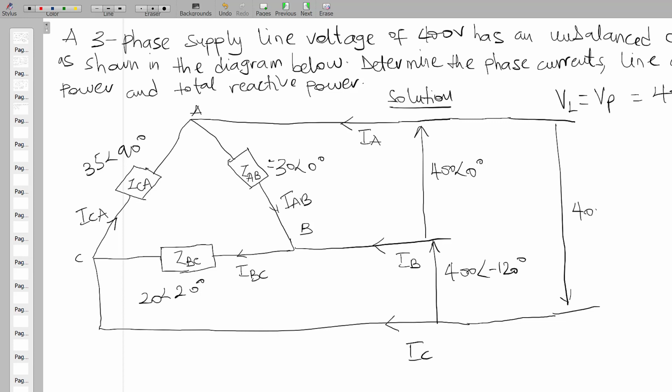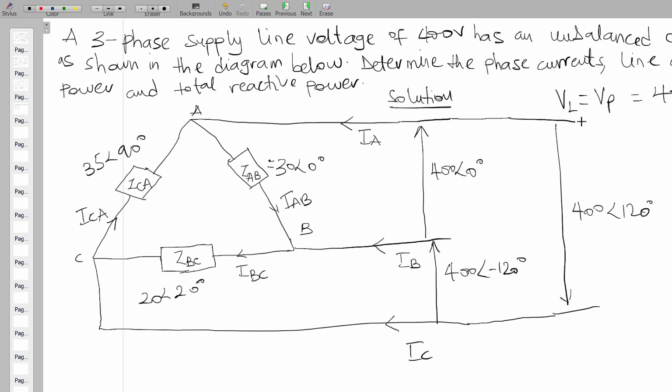So here it's also going to be 400 angle 120 degrees, because the line voltage, that is the voltage from this line to this line, is the same as the phase voltage in delta. So that's why we place 400, 400, 400, but then the angles are different, right?